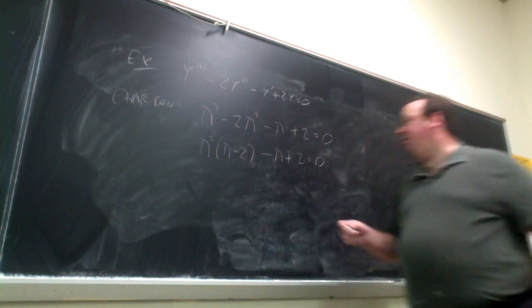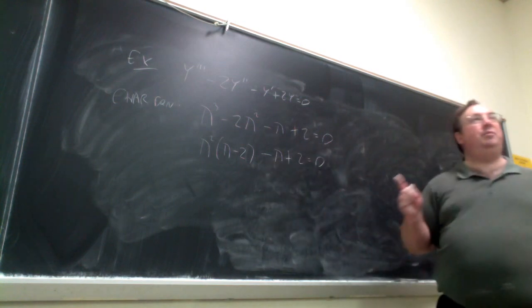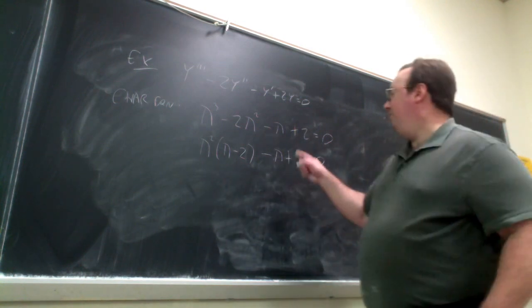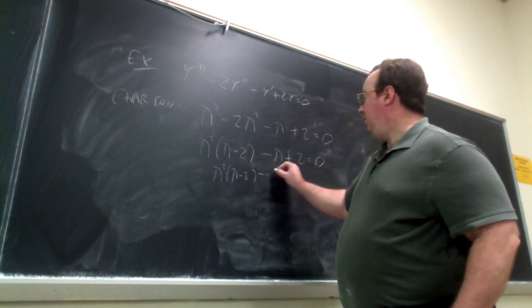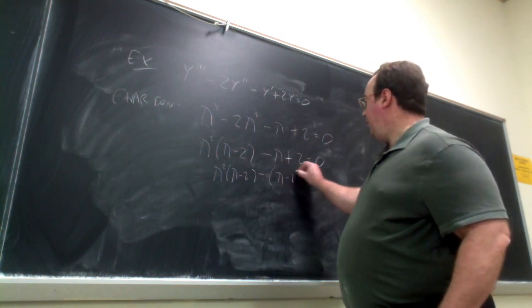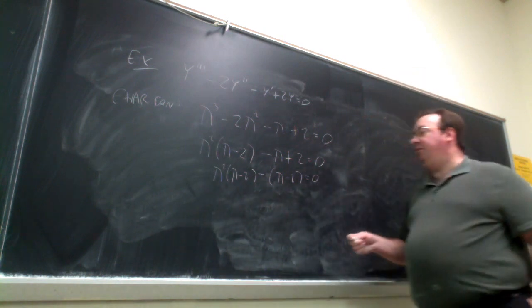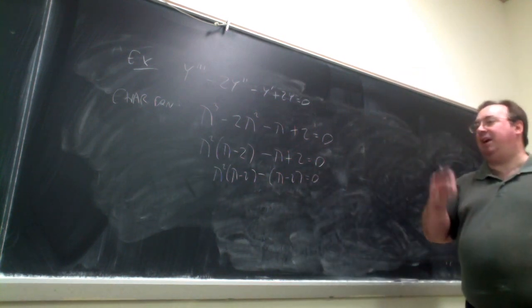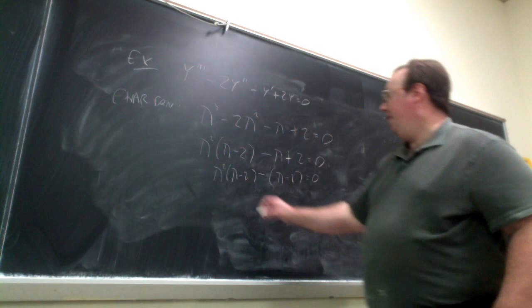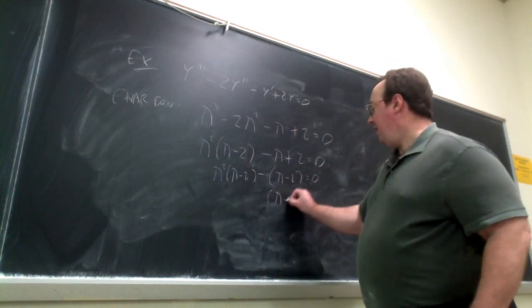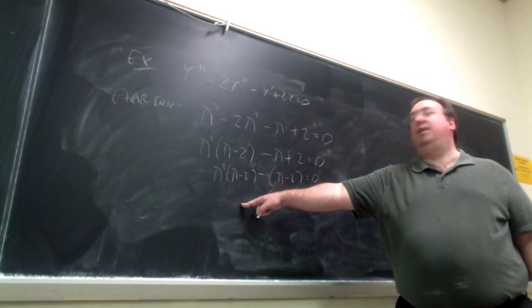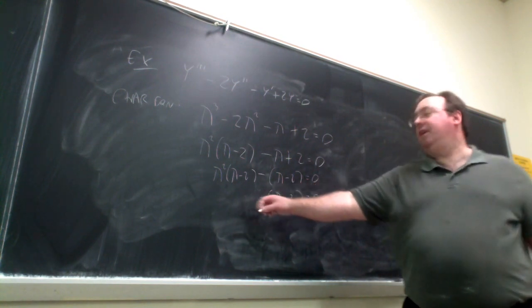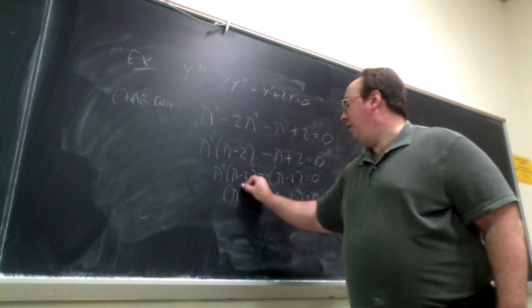And then you have minus lambda plus 2 over here, but you can write that as minus lambda minus 2. So now you can factor a lambda minus 2 out of everything. And what's left? That's lambda squared minus 1.